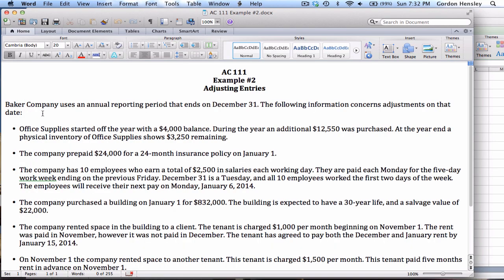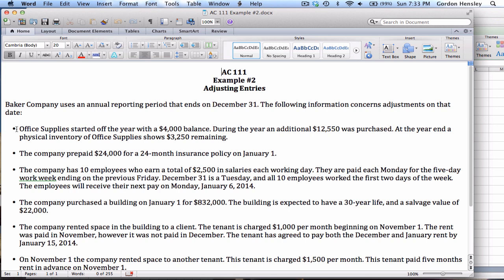So this very first situation here, it says that the office supplies started off the year with a $4,000 balance. During the year, an additional $12,550 was purchased. At year end, a physical inventory shows $3,250 remaining.